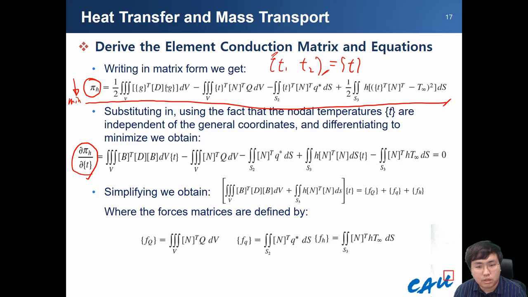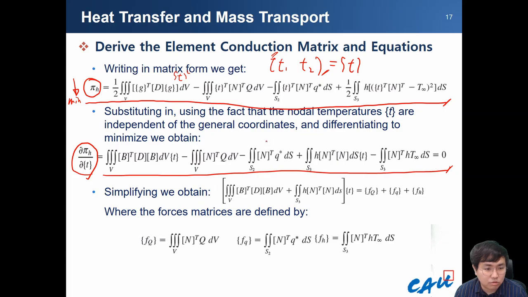In here we have two squares of the T, and in here T, so that we remain only a single one, and the squares cancel each other out. So finally the equation can be expressed like this.